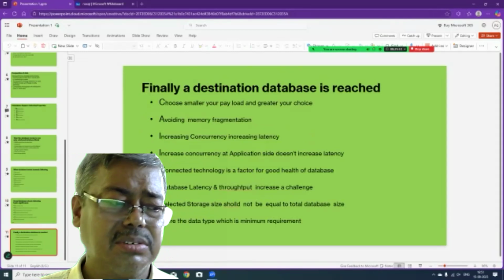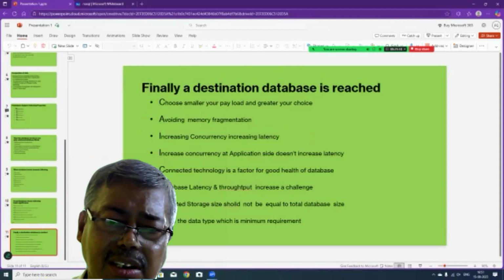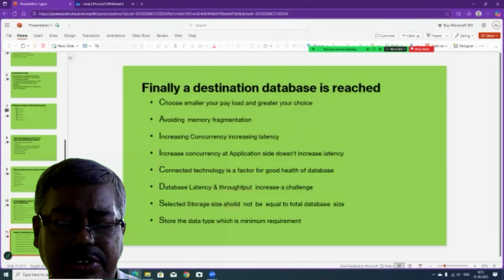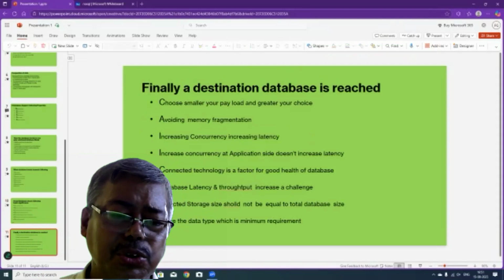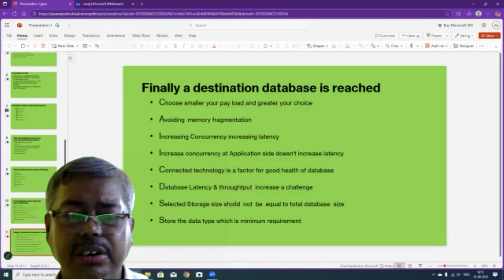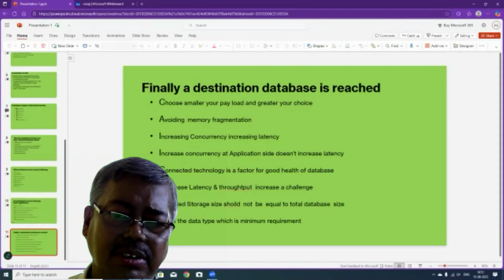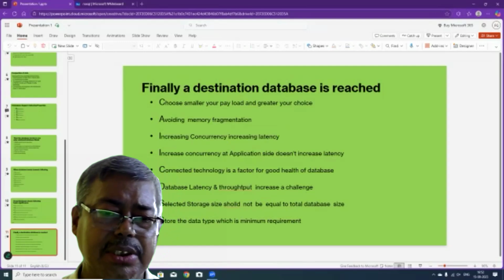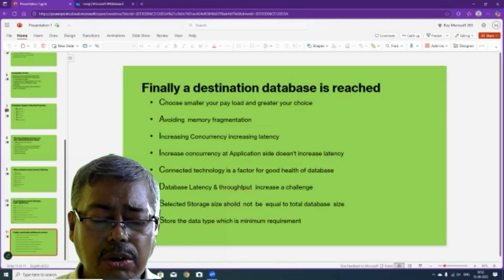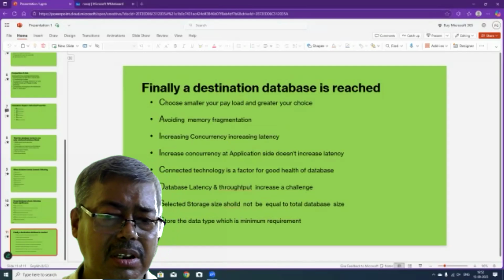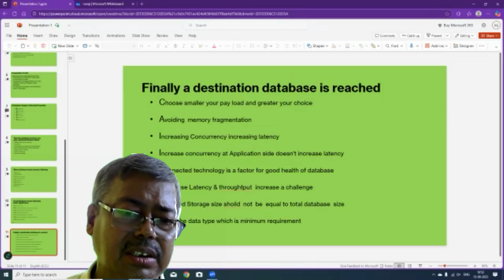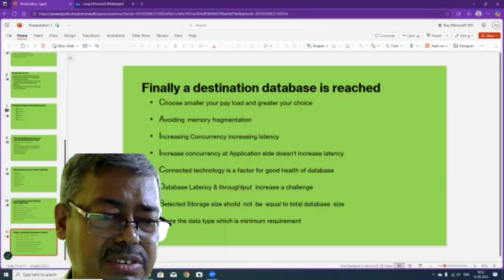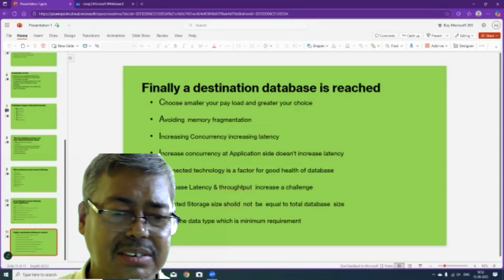So we have seen mainly two types of data: one supported by RDBMS and another supported by NoSQL. Besides those, we have discussed some common factors of databases which are mostly required for the speed of our database. Again, choose a smaller payload and get your choice, avoid memory fragmentation, and increase concurrency.